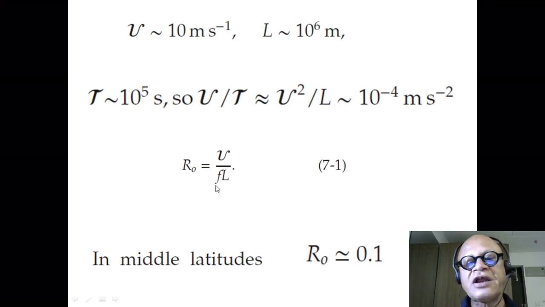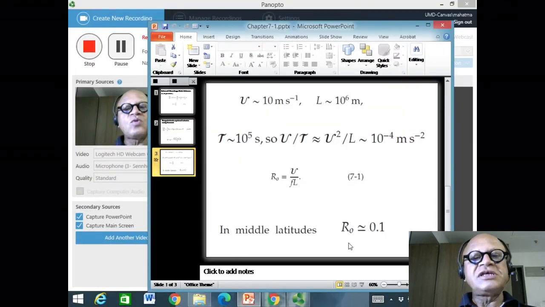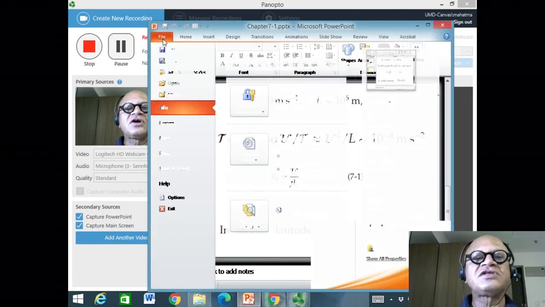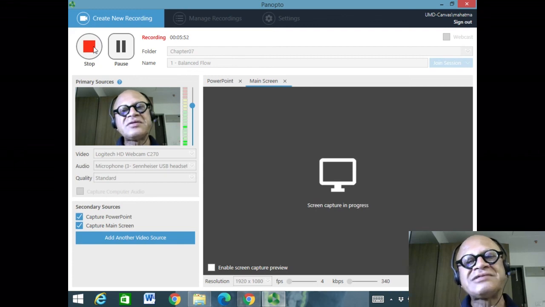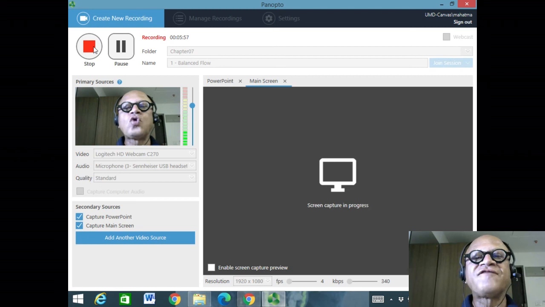As you go to higher latitudes, f becomes bigger, and then you get this Rossby number being 0.1. So we will see what the consequences of this Rossby number magnitude are. What happens when it is small, and what happens when it's order 1? So let's say it goes from less than 0.1 to order 1.